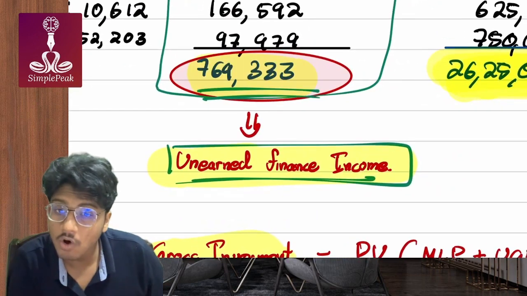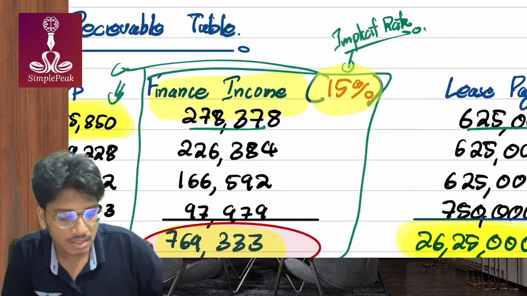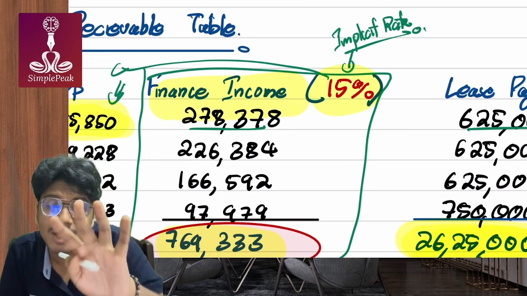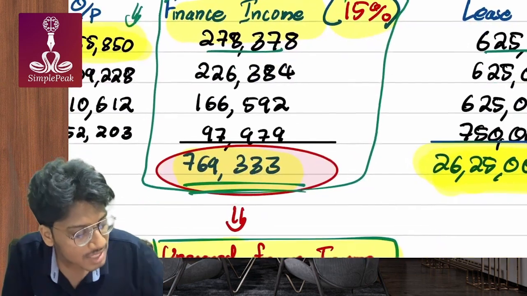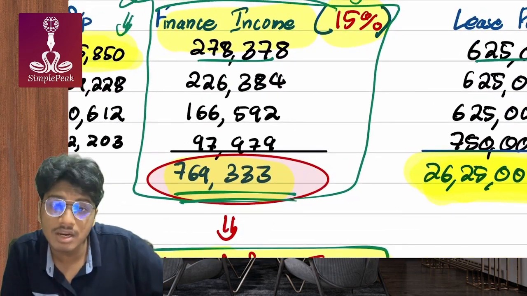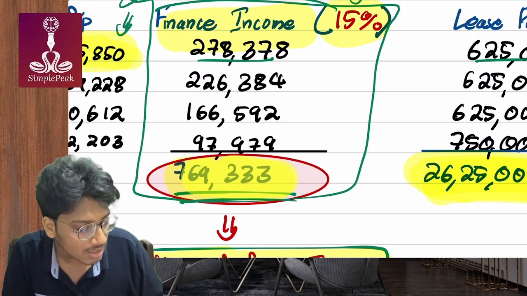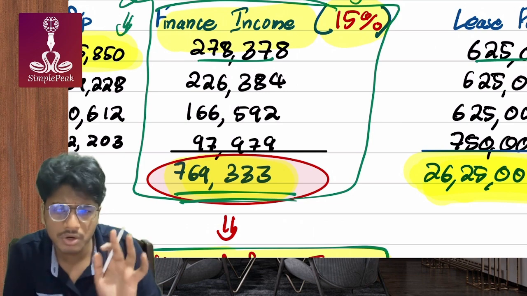Why did I say almost the same answer? Because you have taken the implicit rate in a rounded figure. That is one possibility. You have taken the discounting factor up to 4 decimal places. That is also a rounding-off issue. And you also completed the table in rounded figures. So if such a case occurs, the value can differ by a very minute amount. In this case, 100 rupees or 200 rupees will differ.